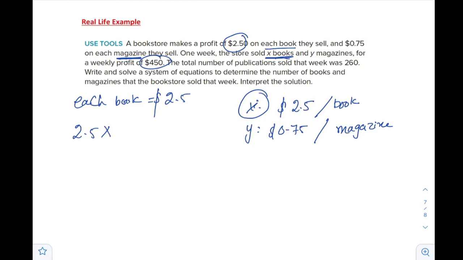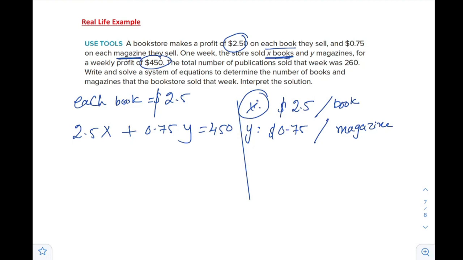The total profit coming from selling magazines is 0.75y. The total profit is their sum, and he said that the profit is 450. So this is the first equation that we are looking for.